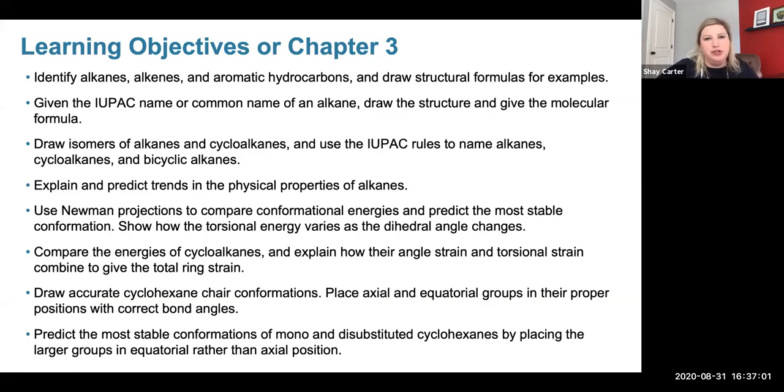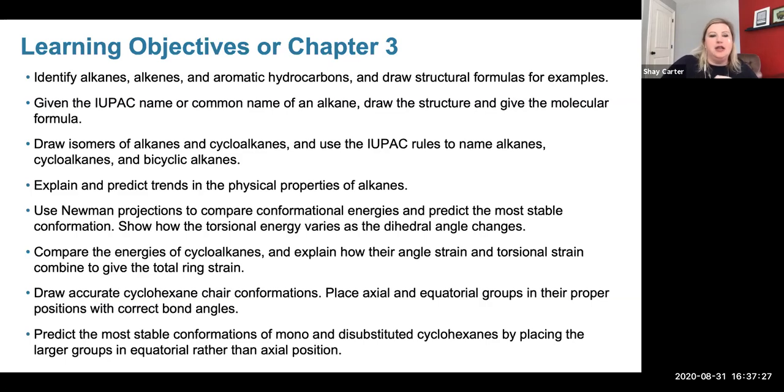Then we're going to use Newman projections to compare conformational energies and predict the most stable conformations of alkanes, and show how torsional energy varies as the dihedral angle changes. We're going to talk more about this as we get there. Compare the energy of cycloalkanes and explain how their angle strain and torsional strain combine to give the total ring strain.